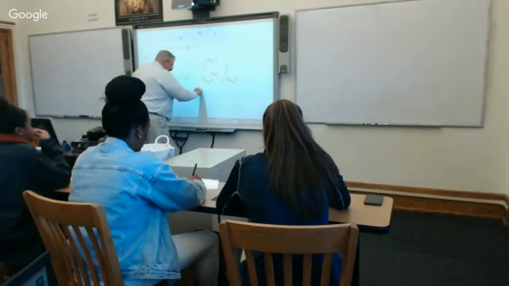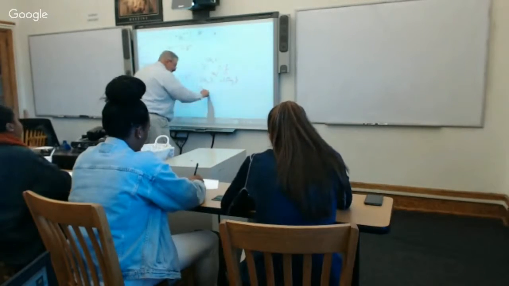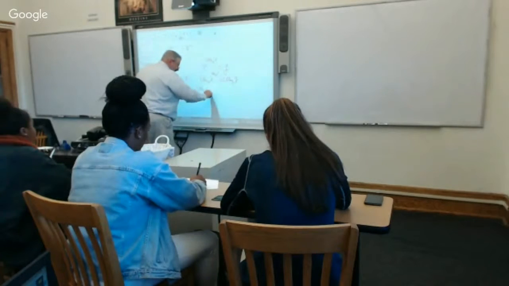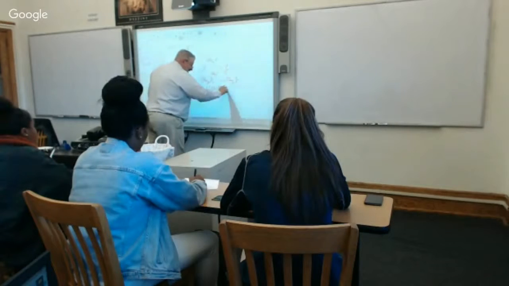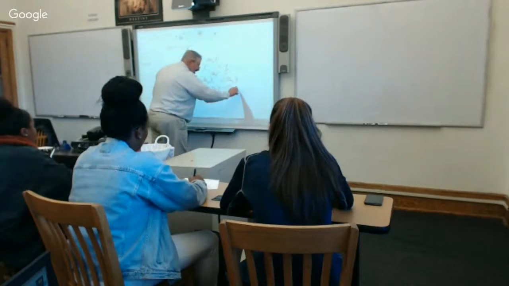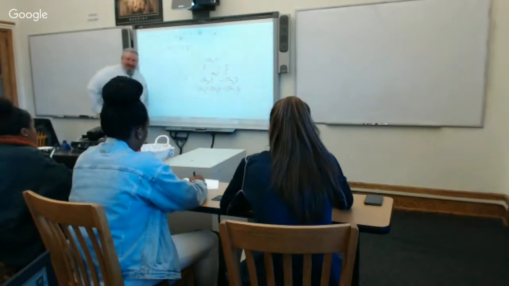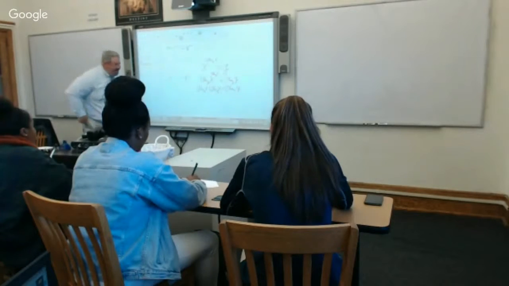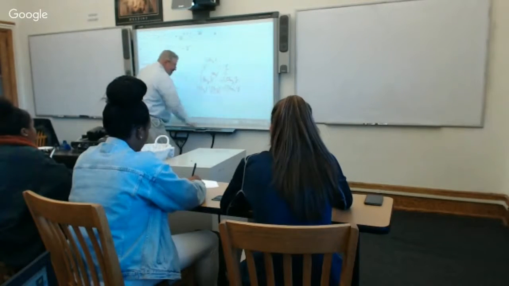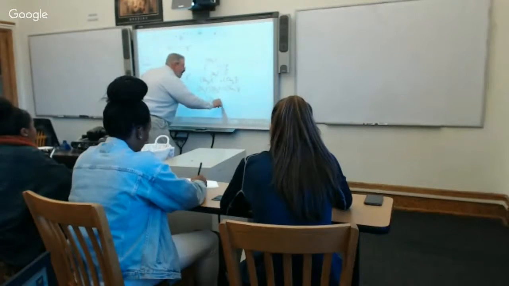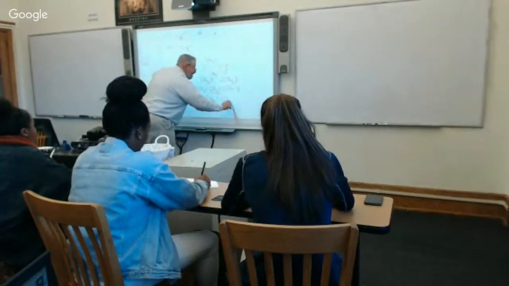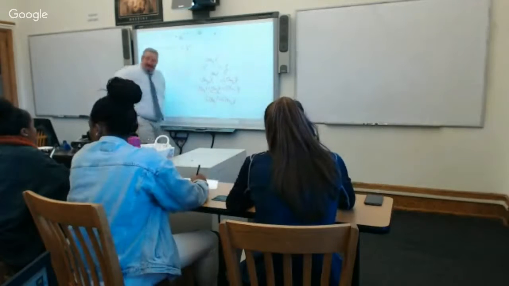So this is the log base x of r times the log base x of x equals the log base x of y. Everybody agree with that? And what's this? 1. So the log base x of r must equal the log base x of y.